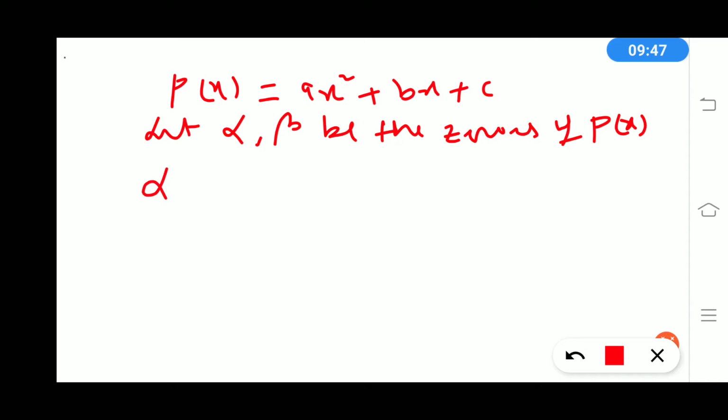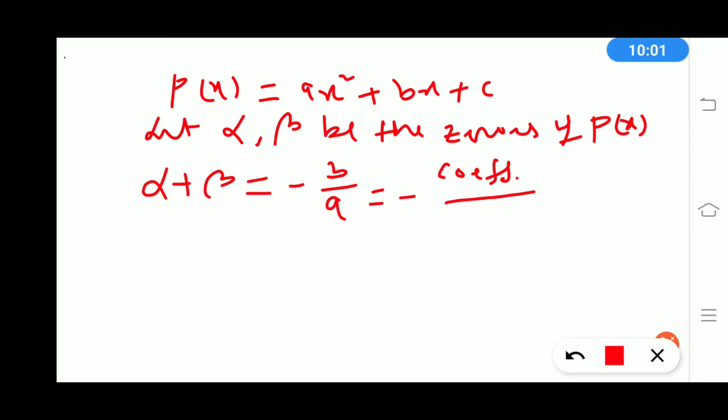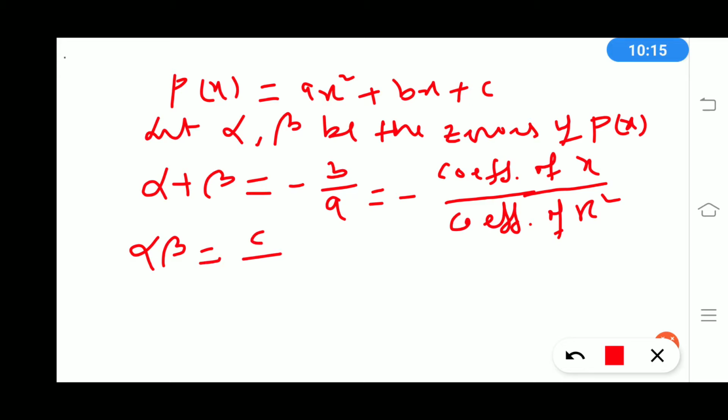Then we already know that the sum of the zeros, that means alpha plus beta, equals minus b by a, that means minus of the coefficient of x divided by the coefficient of x square. Clear? Now the product of the zeros, that means alpha beta, equals c by a.